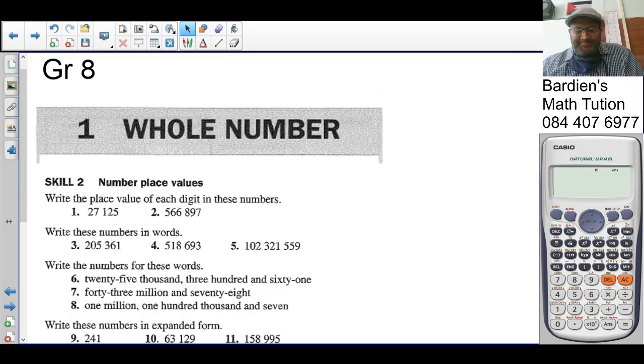Okay, good morning. So at this point we're working with the grade 8s, and we will first be revising all the grade 7 and 6 work. We will be using this textbook, Preparing for High School Maths.